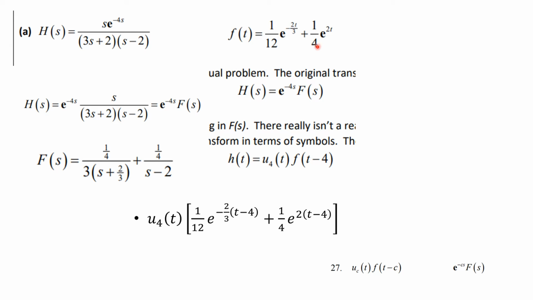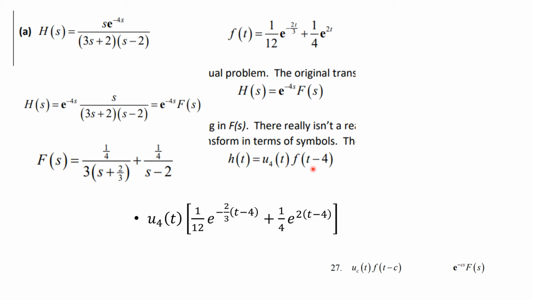Now we have to remember though that our original problem was this one, so that means that our answer, h of t, the inverse transform of that one, is going to give us the Heaviside step function u sub 4 of t times f of t minus 4. This shift is important.